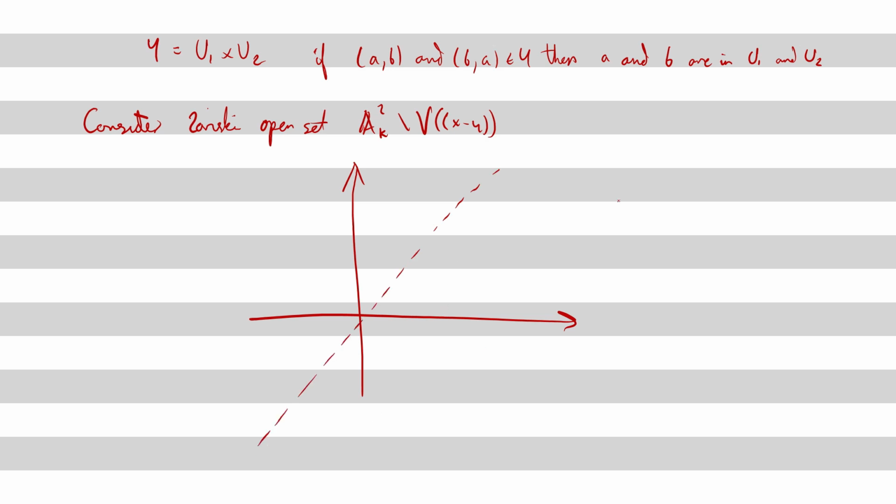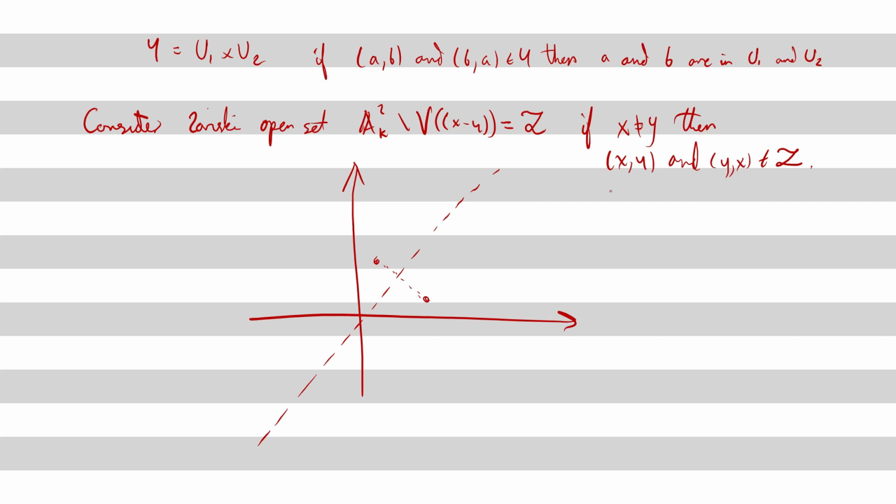Well, if x and y are distinct numbers, then (x, y) and (y, x) are within our, let's call this Z, are within Z. Because, well, they're not the same, so they are mirrored across this. You see?